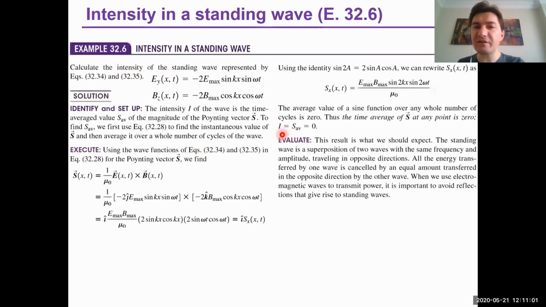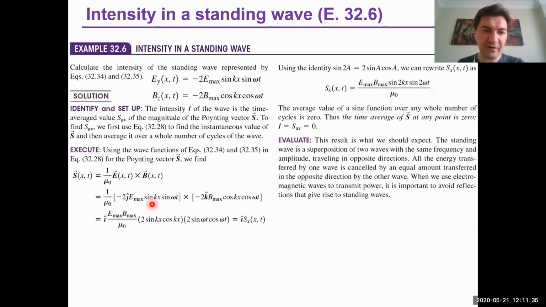Intensity is given by the average value of the Poynting vector. So let's calculate the Poynting vector. The Poynting vector is given by 1 over mu 0 E cross B, the vector product. Just take this E, put it there. Take this B, put it there. So here we have E max, B max, and the minus sign will give us a positive, okay?